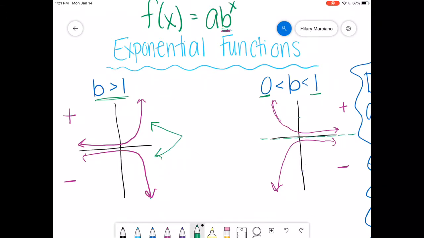If we have a number that's typically a fraction between 0 and 1, like 1/3, then it's going to rise to the left. If we have a negative with 1/3, then we're going to fall to the left.